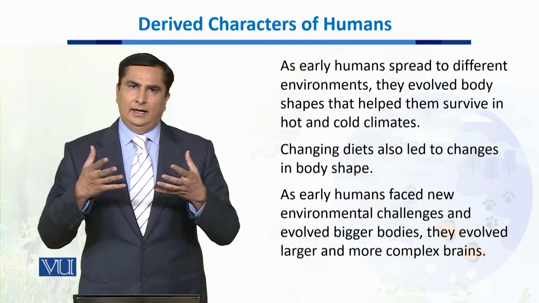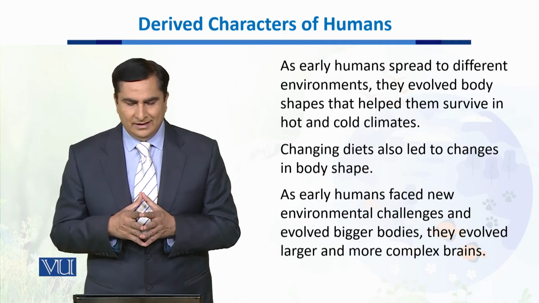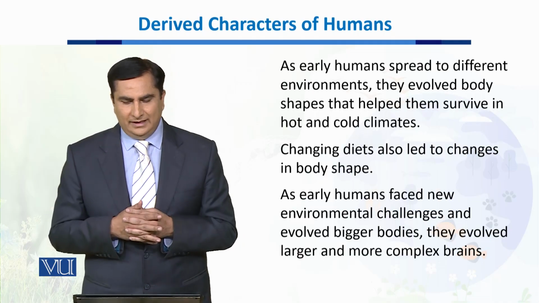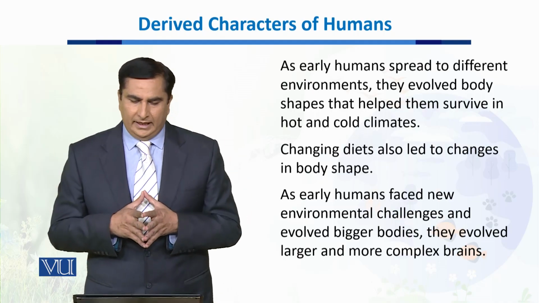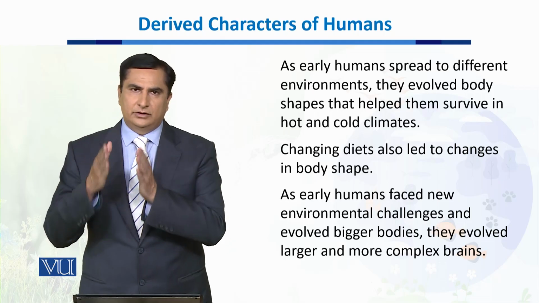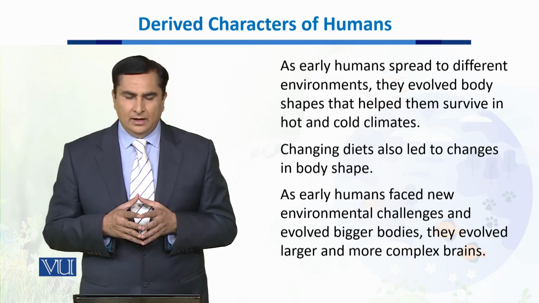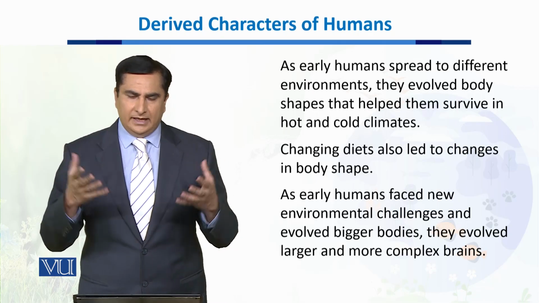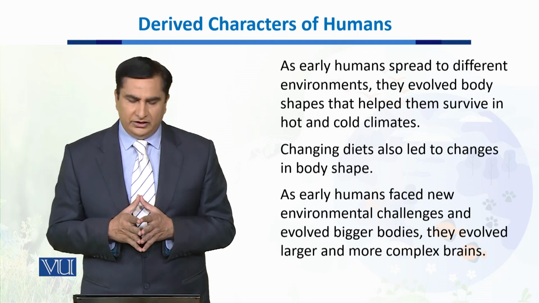Now, when we talk about the derived characters of these humans, the early humans spread to different environments and they evolved different body shapes that help them to survive in the cold as well as hot climates. Also, change in their diets helped them to change their body shapes.